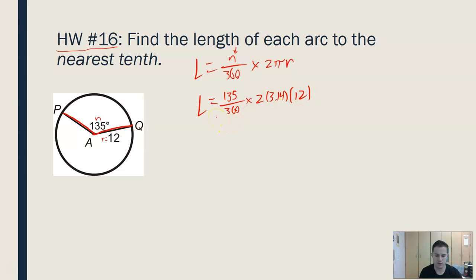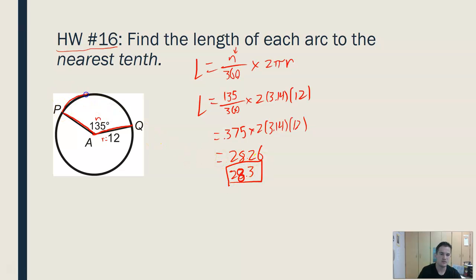Well, 135 divided by 360 is 0.375, so I have 0.375 times 2 times 3.14 times 12. So 0.375 times 2 times 3.14 times 12 in my handy-dandy calculator is 28.26, or to the nearest tenth, 28.3.